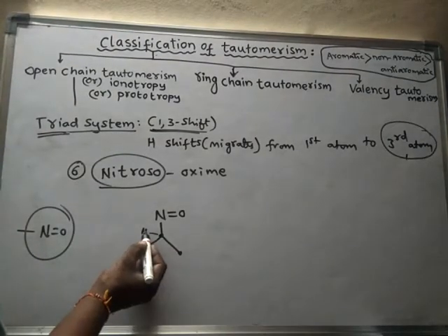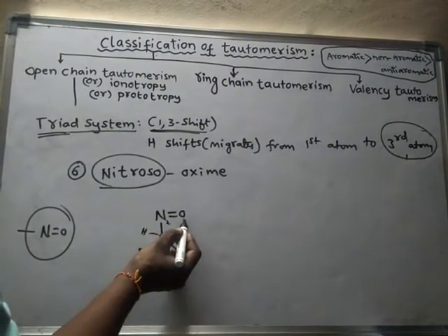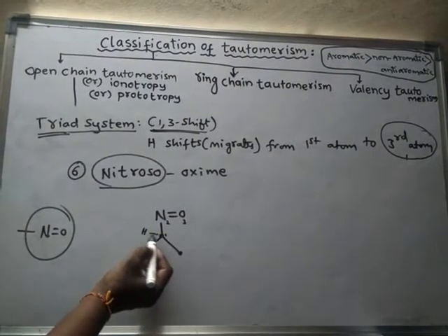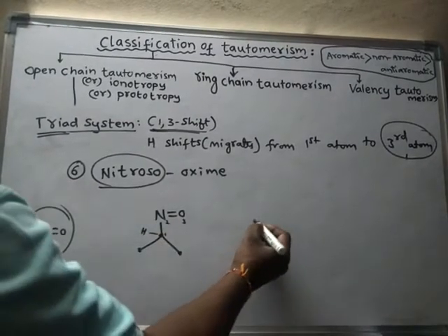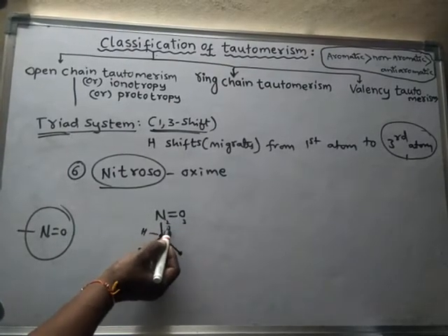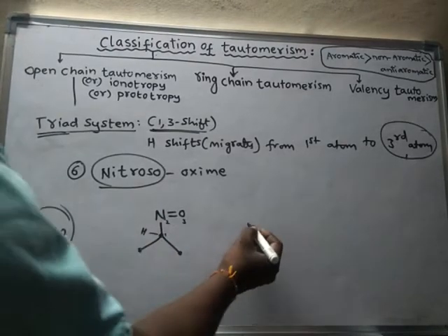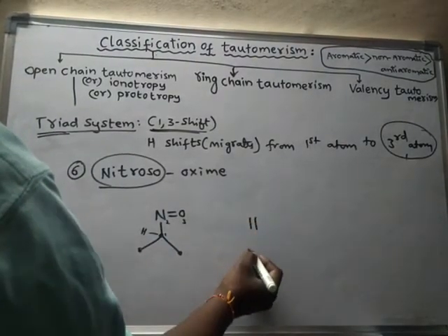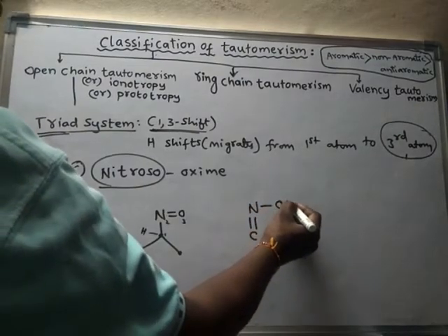What happens? This hydrogen will shift from the first atom to the second atom and third atom. So this hydrogen migrates from carbon to oxygen. As a result, the pi bond between nitrogen and oxygen will shift between nitrogen and carbon. So now there is a formation of a double bond between this carbon and nitrogen, and it forms OH.